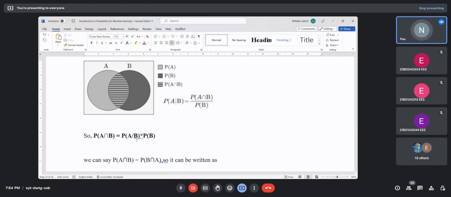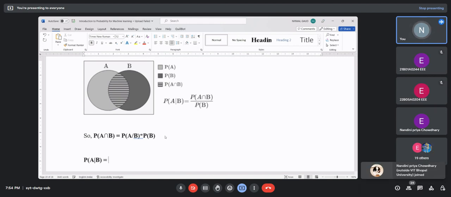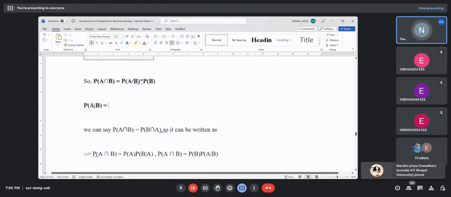We have already studied conditional probability in our previous lecture. Conditional probability P(A|B) says that B has occurred and I am looking for A to occur. I need to calculate the probability of A, and B has already occurred.